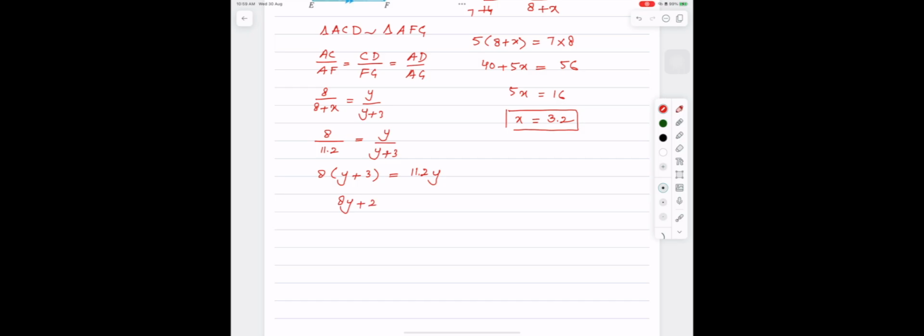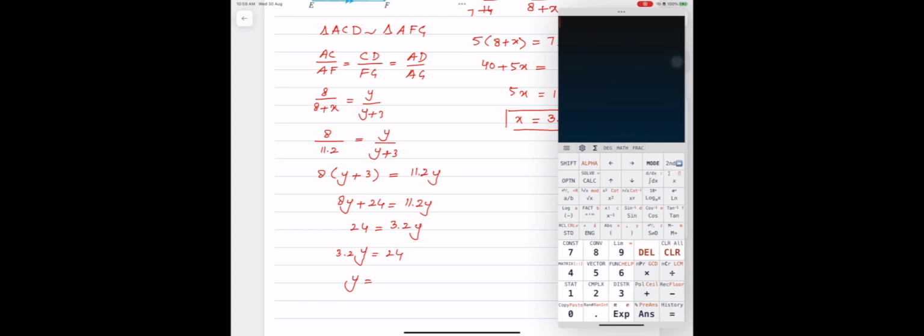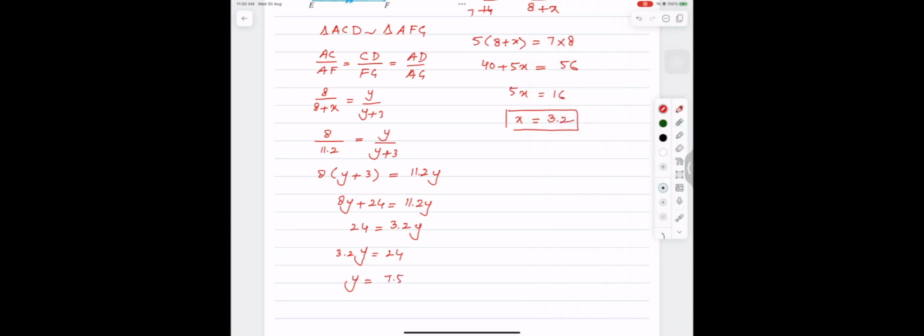Open the parenthesis, and this will be 8y plus 24. If you subtract 8y from both sides, this will be 3.2y. Now you can divide both sides by 3.2. That will give you the value of y. So 24 divided by 3.2 is 7.5.